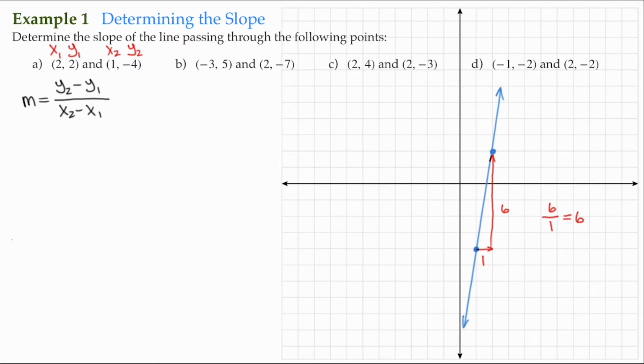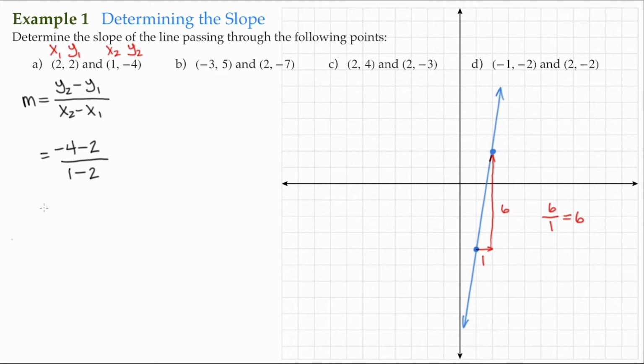So then we just go ahead and do it. This is going to be y sub 2, which is negative 4, minus y sub 1, which is 2, that's our change in y, that's our rise, over our run, x sub 2, that's 1, minus x sub 1, which is 2.